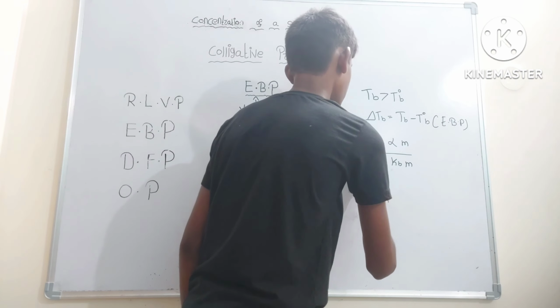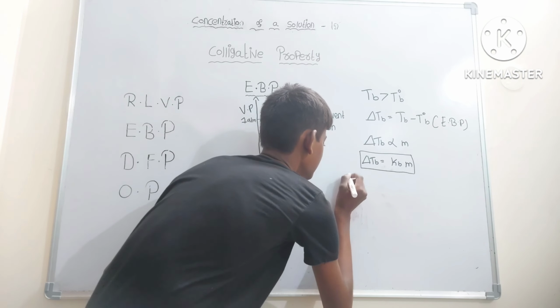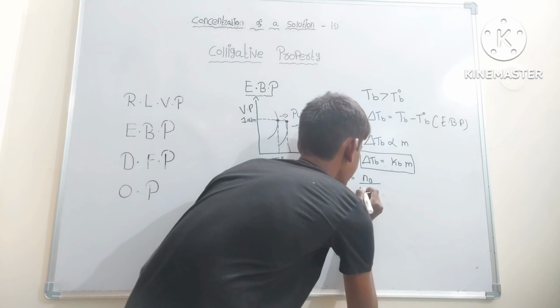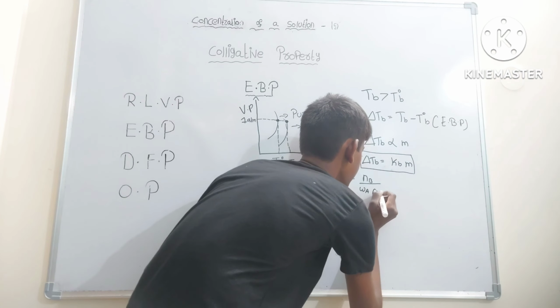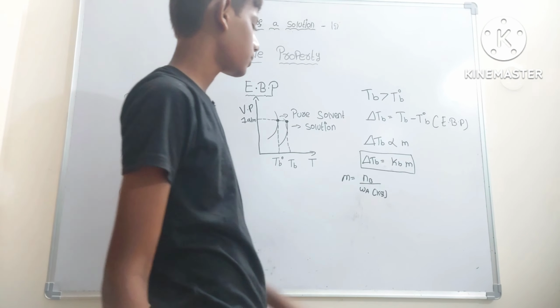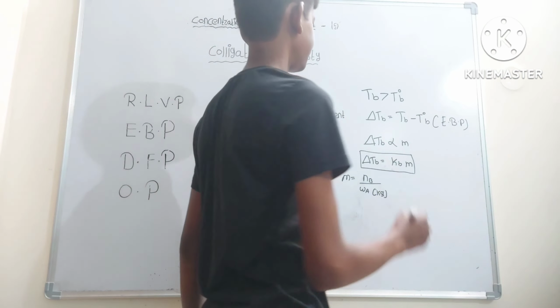Delta TB is equal to Kb into molality. Already you know the formula of molality: number of moles of solute by weight of solvent in kgs. In this whole chapter, A means solvent, B means solute. Remember it. And what is Kb?